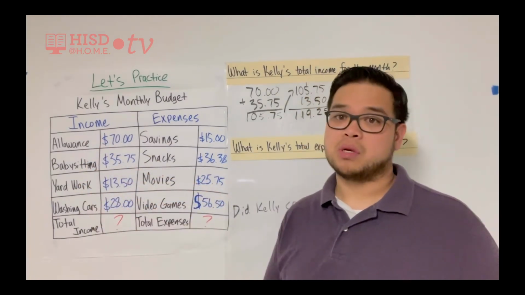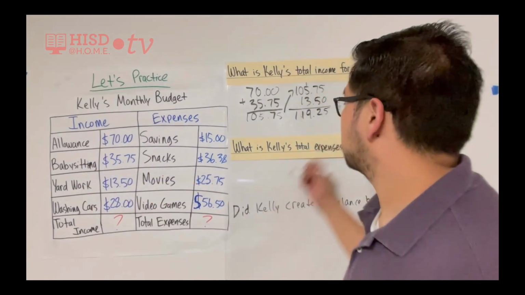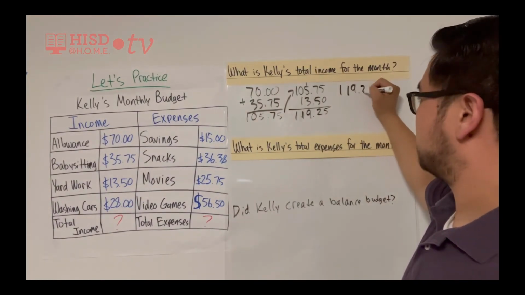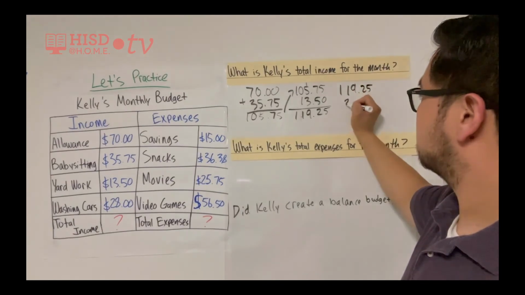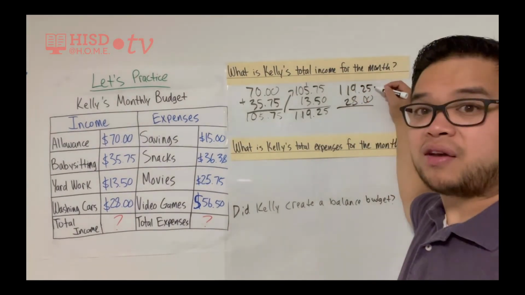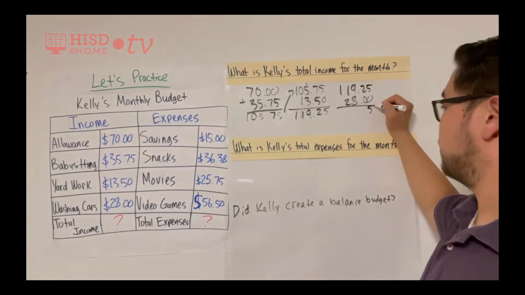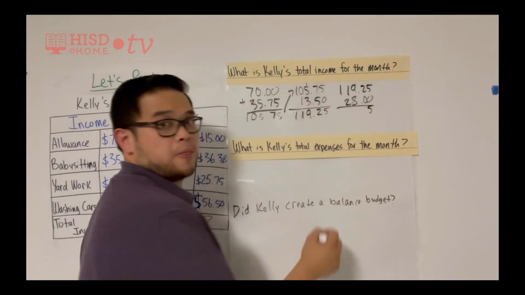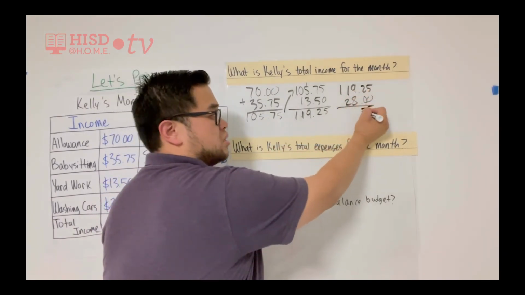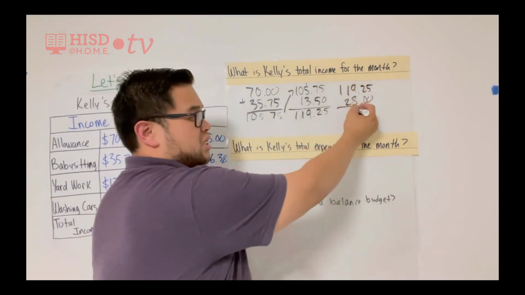Now I'm going to add her washing the cars, which is $119.25 plus $28. So we have the 5 plus the 0 is 5. Move this way so you can see better. 20 cents plus 0 is 20 cents. 9 plus 8 is 17.